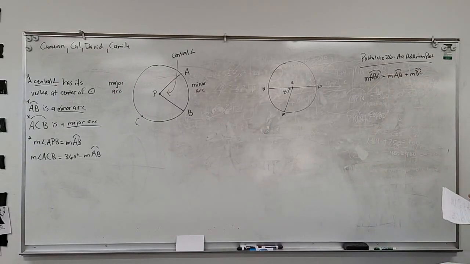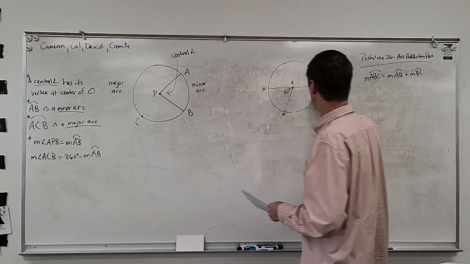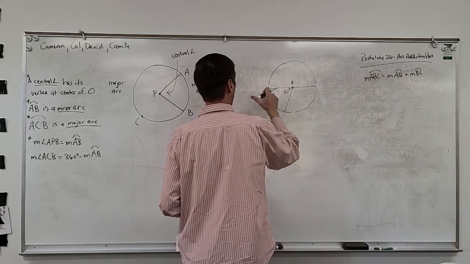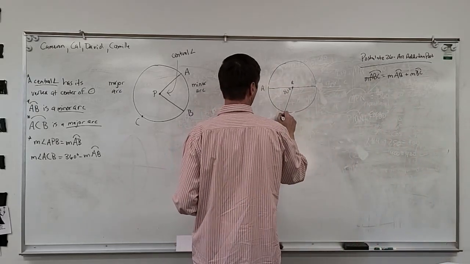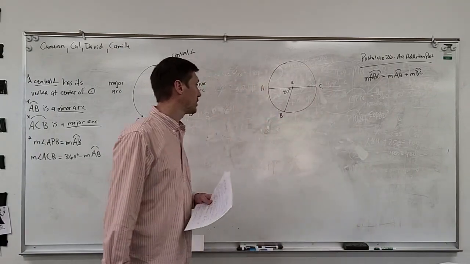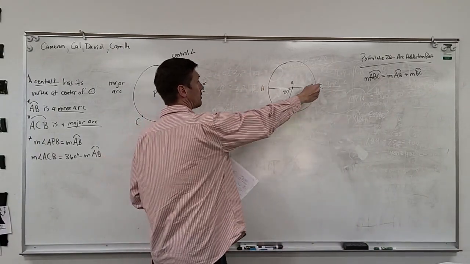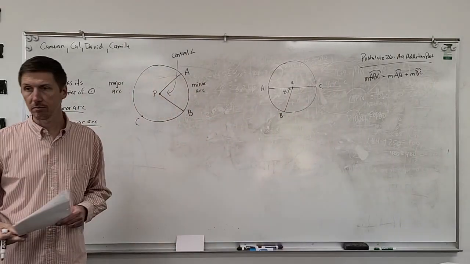So if we were to label this A, B, C, then whatever the measurement of AB plus the measurement of BC would give you the total measurement of ABC.